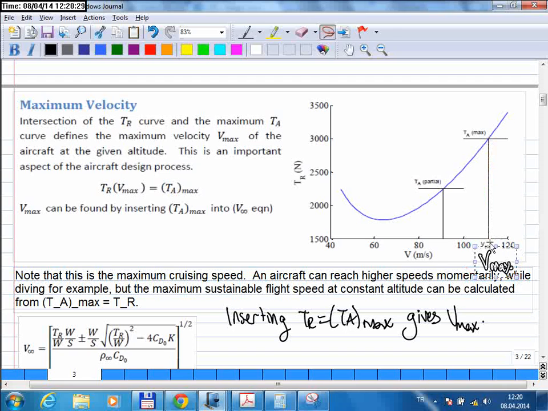Okay, so this is the maximum speed at which the aircraft can maintain a steady level flight. It can reach higher speeds momentarily while, for example, diving, but if you are talking about a steady level flight, then the maximum possible speed will be given by this point. Okay?